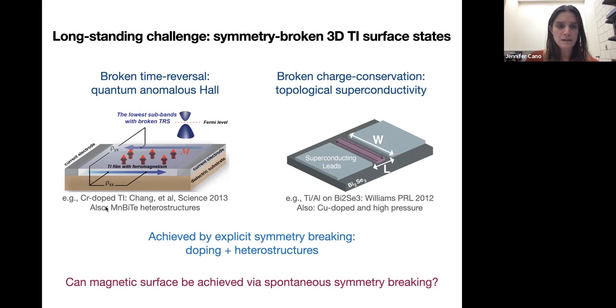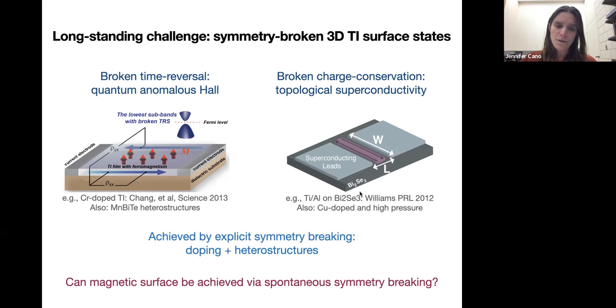And similarly, recently, there's been a lot of interest in these manganese bismuth telluride heterostructures, and that's a similar idea, alternating stacking magnetic layers and 3D TI layers. And then on the superconducting side, you can explicitly break charge conservation by putting a superconductor on top of a 3D TI, and this has been done on bismuth selenide to realize topological superconductor.